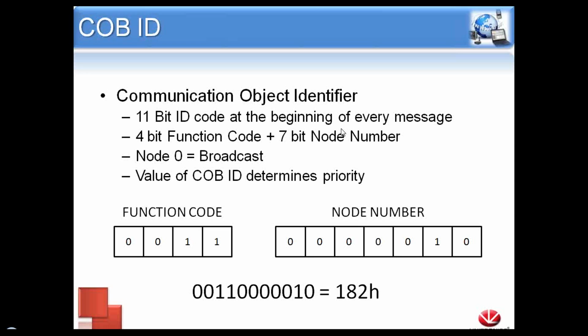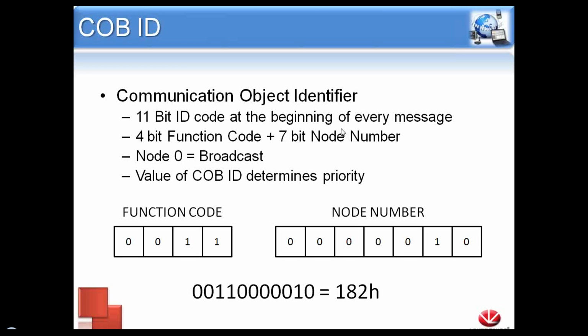Are we changing the state of a machine, etc.? We'll go over all the different command types in a moment, as well as which node we're actually communicating to. It's an 11-bit ID code. The first 4 bits are the function code, what type of command it is, and the last 7 bits is the node number. So for example, function code 0011 in binary, that's request PDO.